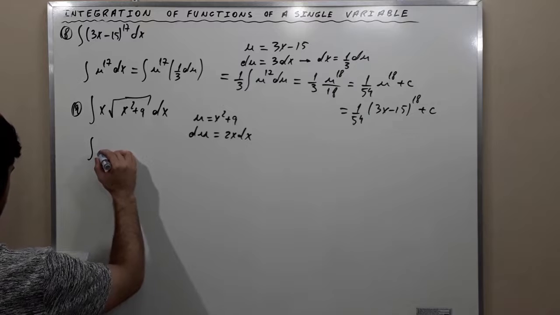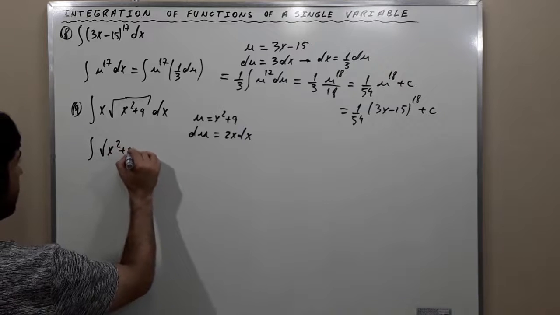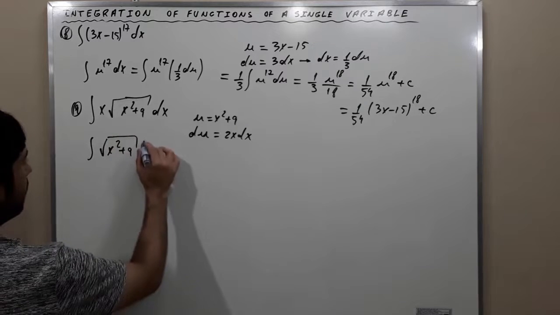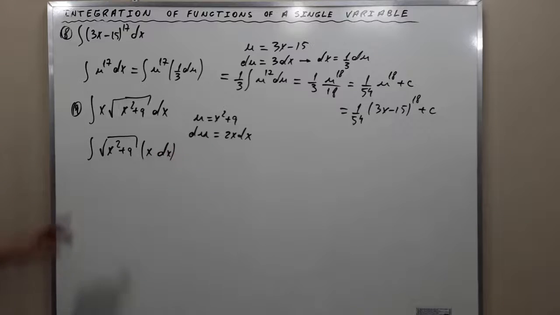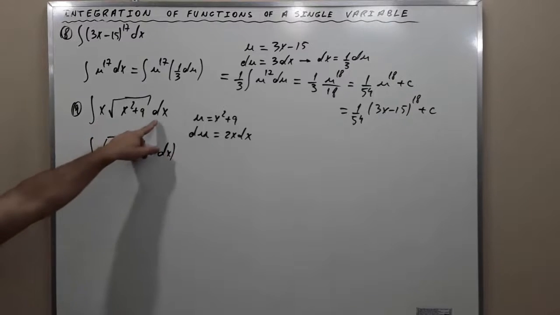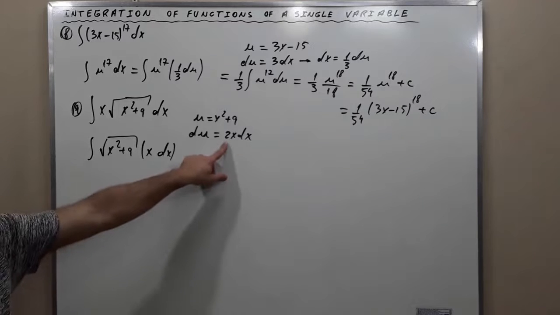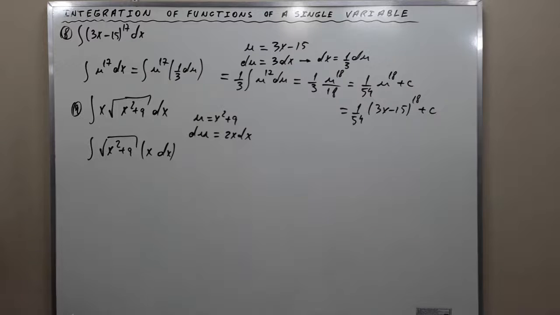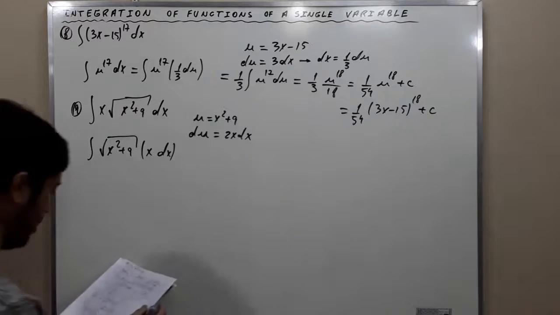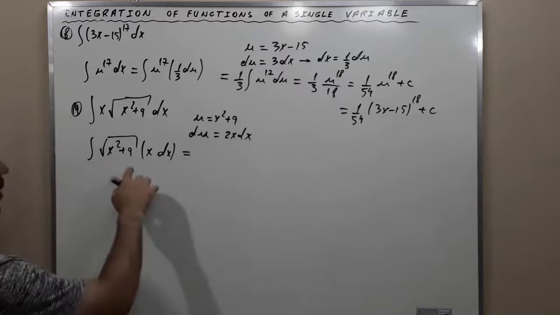It is going to be the integral of x squared plus 9 times x dx. Okay? I'm going to bundle this x with this dx here, but I need to make this 2 appear. Alright? To make this 2 appear, I'm gonna have to divide it all by a half.